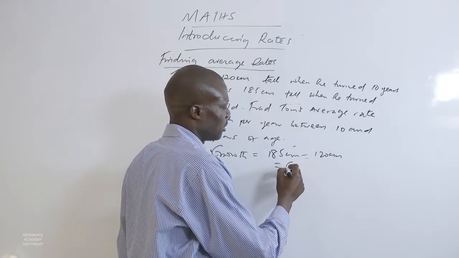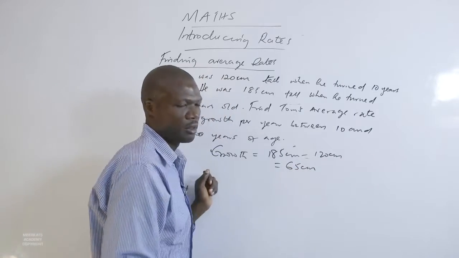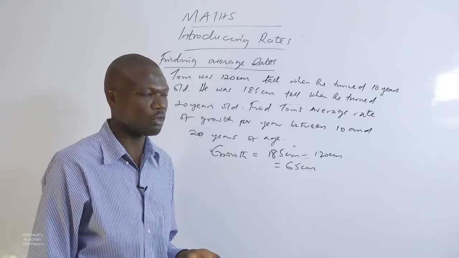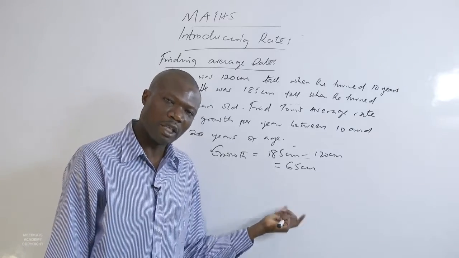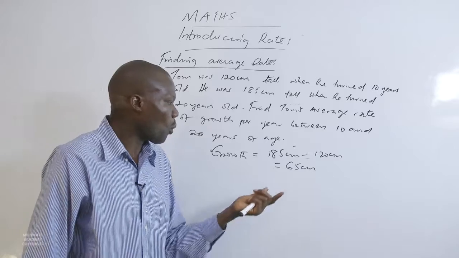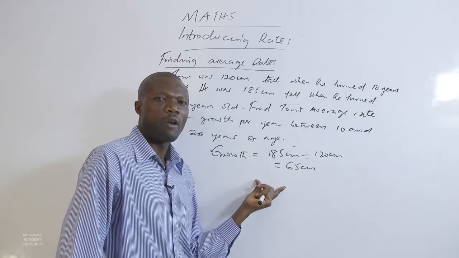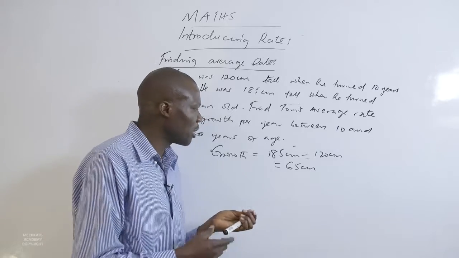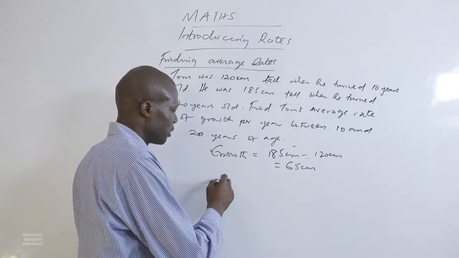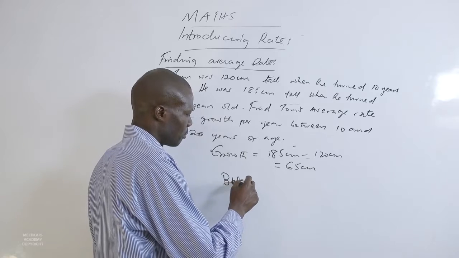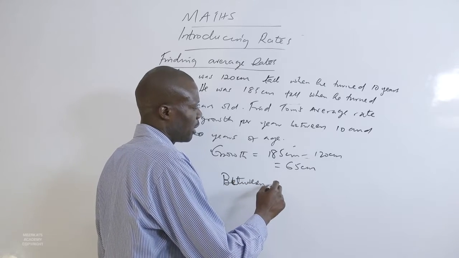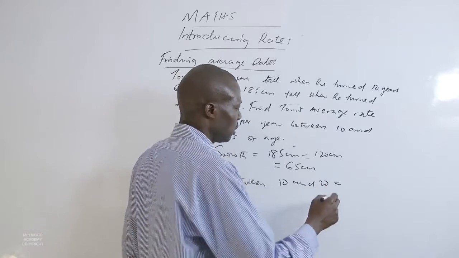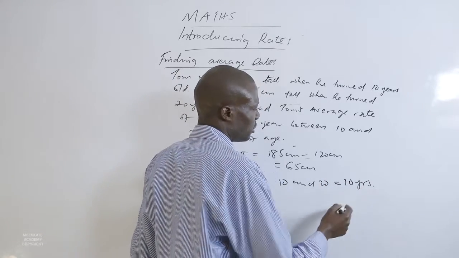This gives us 65 centimeters. So this is the change in growth. When this change was taking place, what was the number of years between? Realize that this change took place between age 10 and 20. So the change is 10 years.